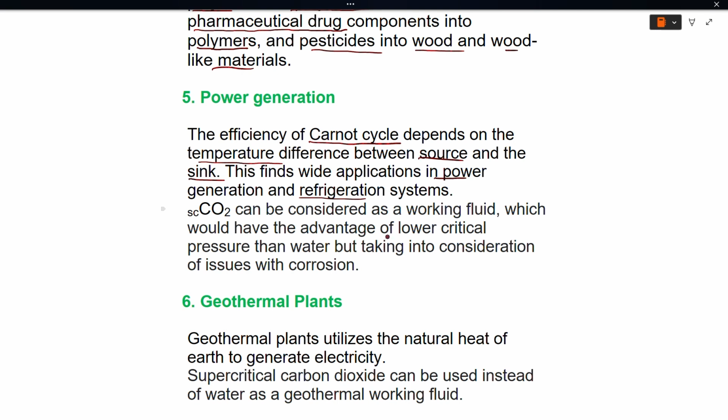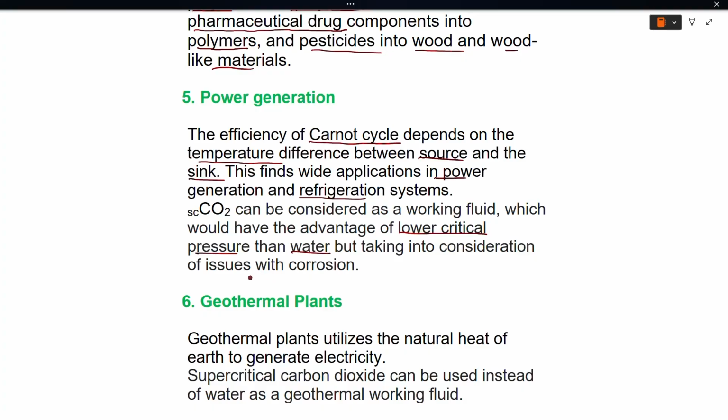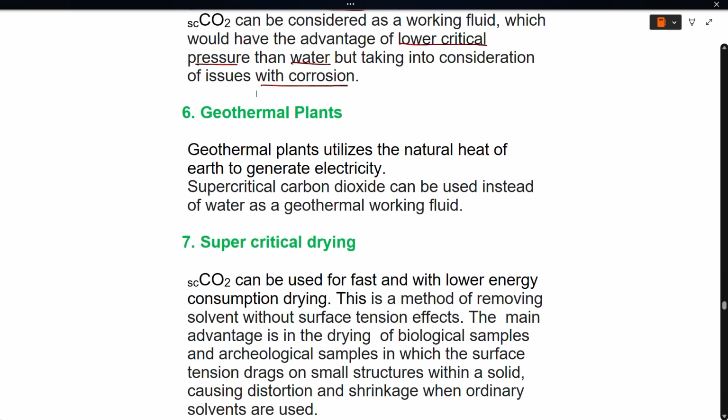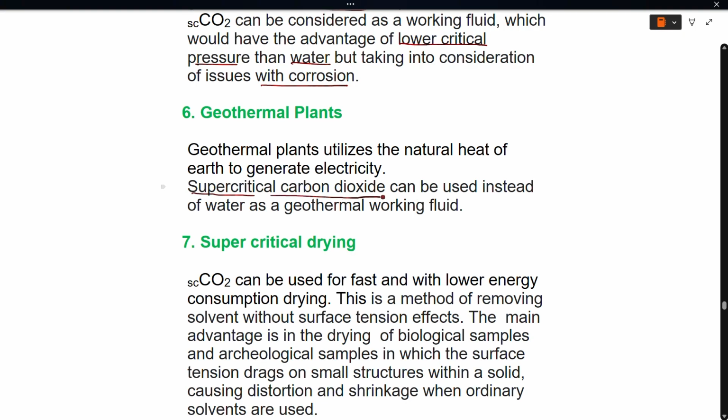It has an advantage because it has a lower critical pressure than water, but a slight issue is corrosion, because it is slightly acidic. Now, in geothermal plants also, instead of using water, you can use supercritical carbon dioxide as the working fluid.